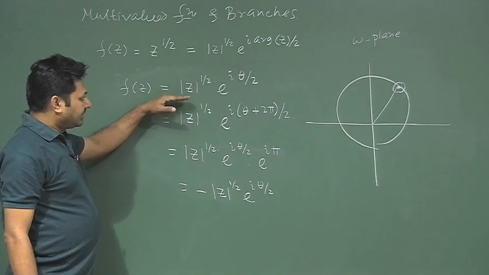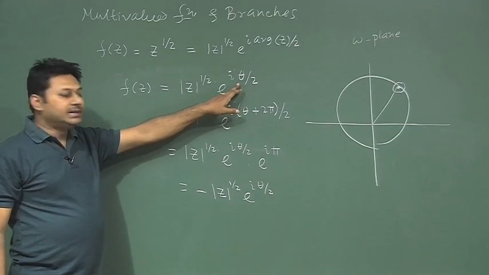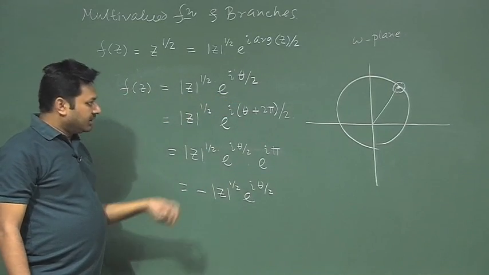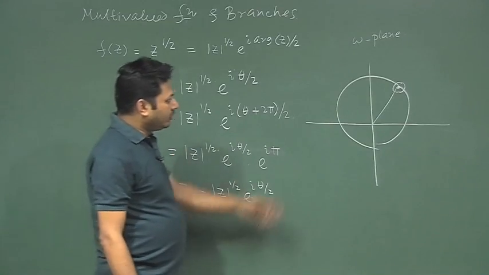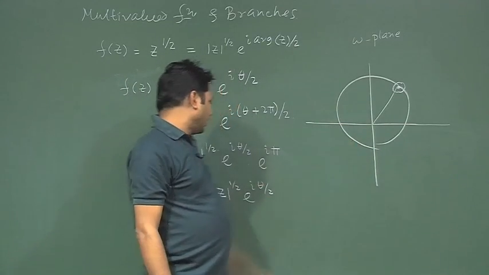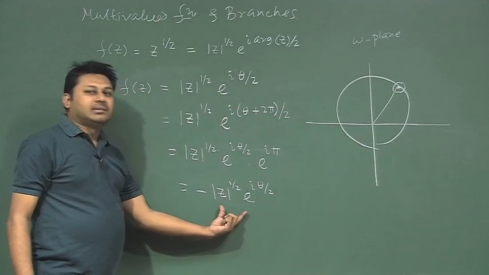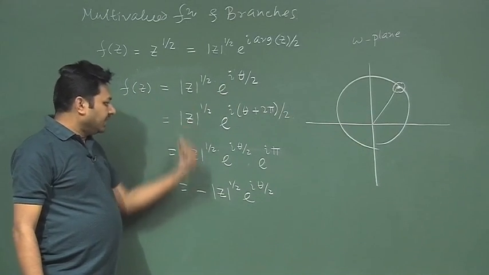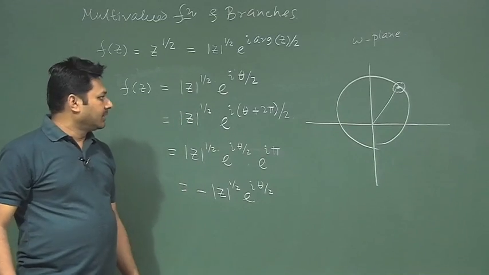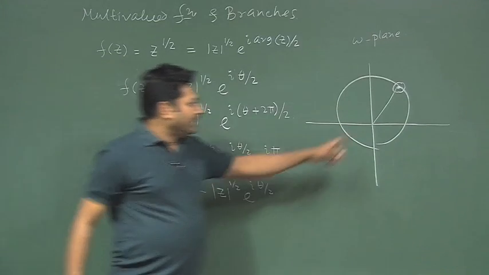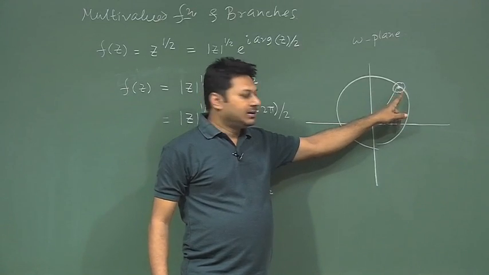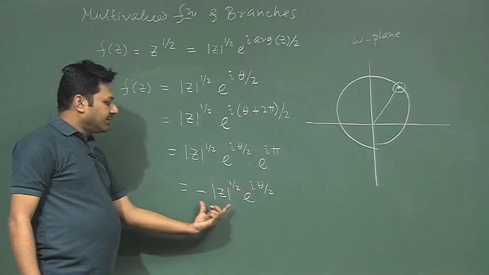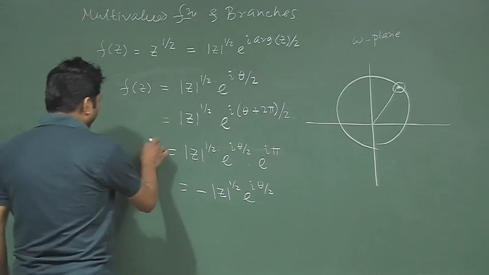In the first case, if I take my principal theta, I will have one value, but if I rotate another 2 pi, so that I can cover the entire range in the w plane, I will have a negative value. These two things are a little bit ambiguous, because I have the same z point, and in the first case I get one value and in the second case another.